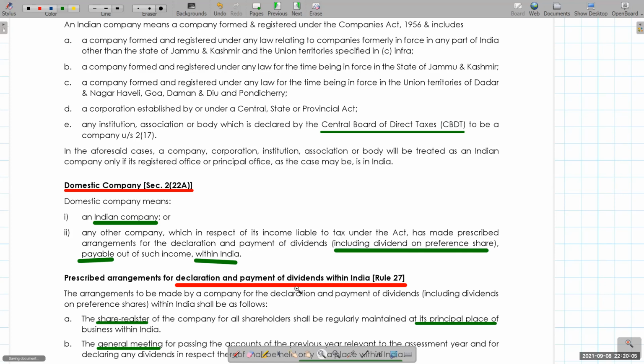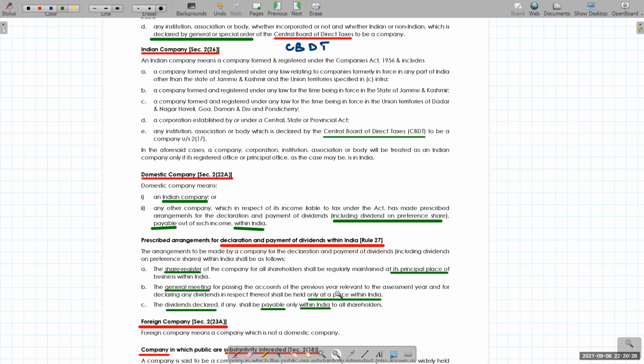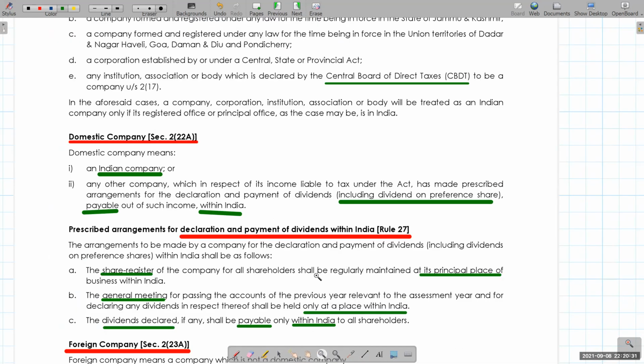That is rule number 27, for declaring and payment of dividend. What rule number 27 says is that arrangement must be made by a company for declaring and payment of dividend, including dividend to preference shareholders, within India, and a separate register has to be maintained by the company for all the shareholders, including preference shares and everything, at the principal place of business in India.